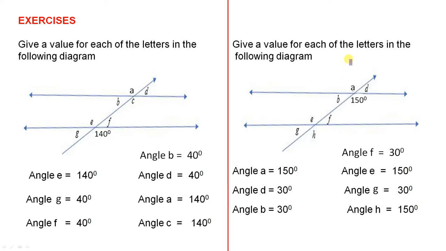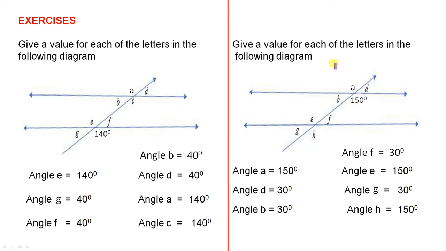The next one, give a value for each of the letters in the following diagram. Now because that's 150, we can calculate those three very easily. That's 30, that's 150, and that's 30. So when those four angles are in place, that allows us to calculate those four. For example, angle A is 150.